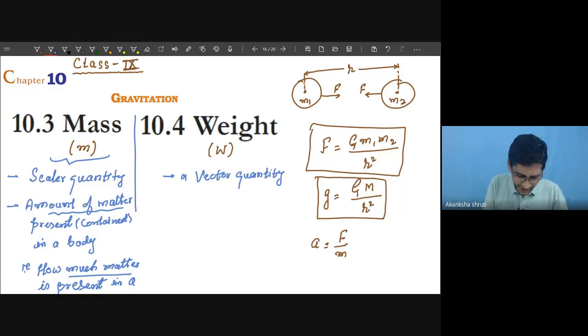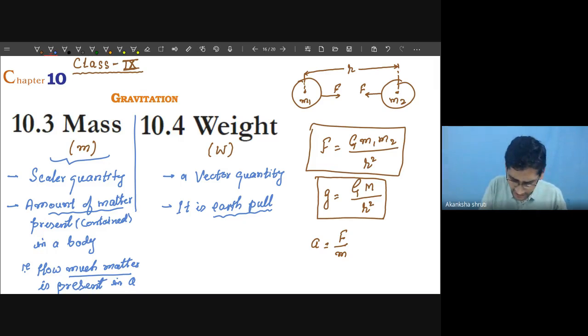So weight is a vector quantity. It is earth pull. The term earth pull is representing the force exerted by earth over the object. As a result of this earth pull, the object falls toward the earth.